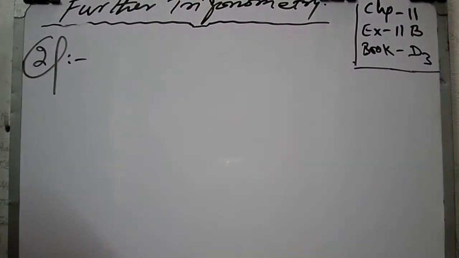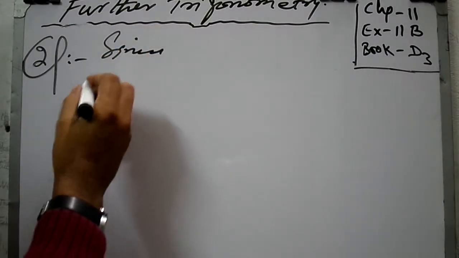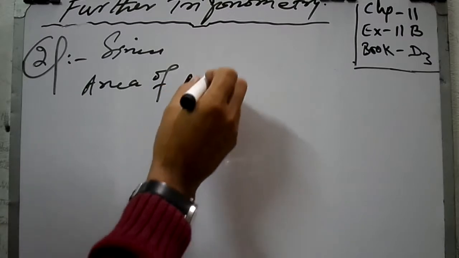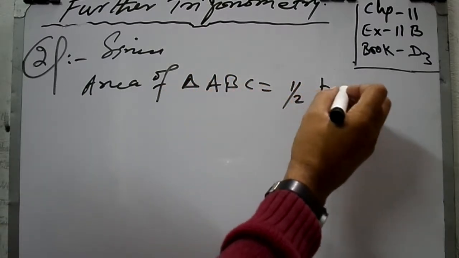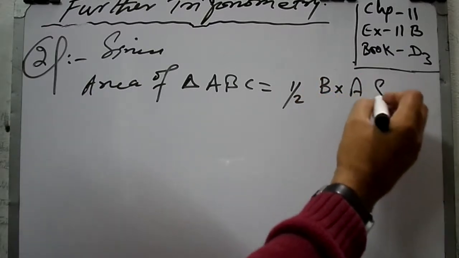Okay, so for the area of the triangle, everything is given to us, we only have to put in the values. For example, area of triangle ABC is equal to half base into altitude into sine A.